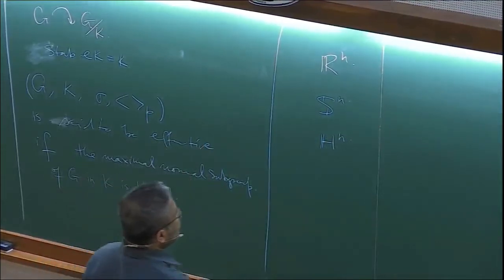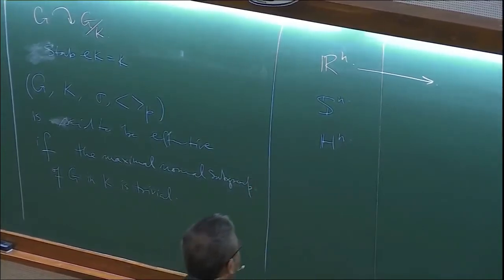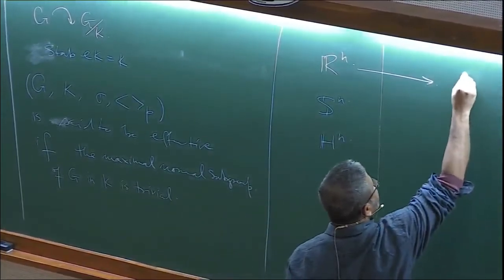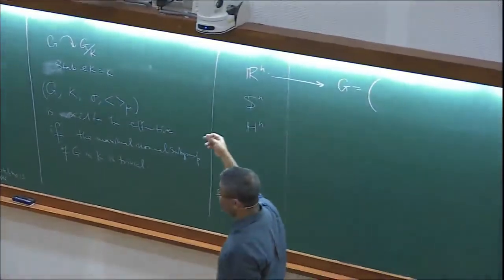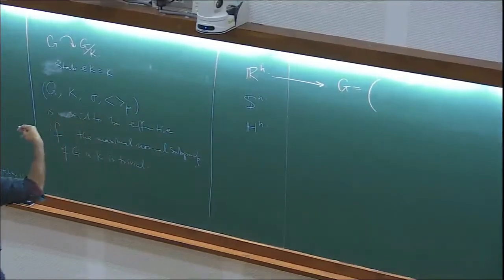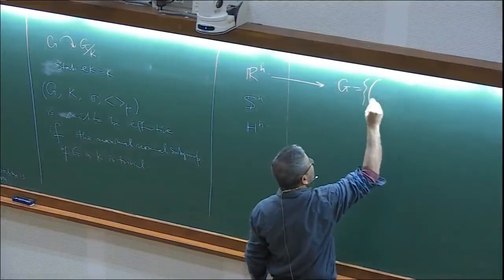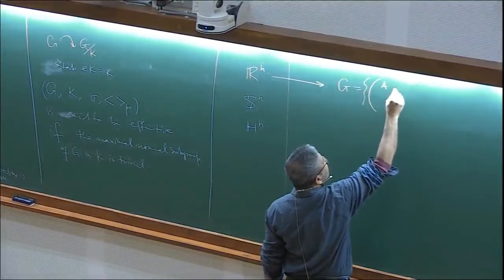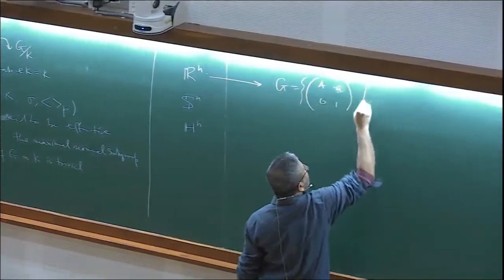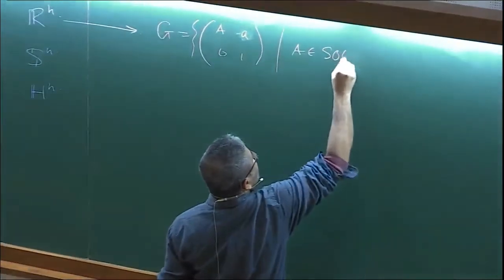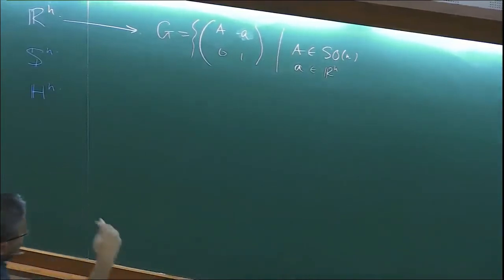The Riemannian symmetric pair for the symmetric space Rn: my G is going to be the semi-direct product of SOn, the connected component of the isometry group, with Rn, which can also be identified with the following linear group: the matrices (A, alpha; 0, 1), A in SOn, alpha in Rn. Here Rn is thought of as column vectors.